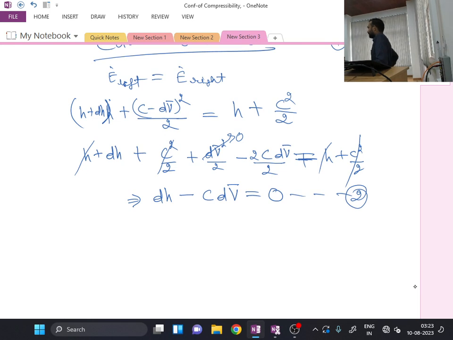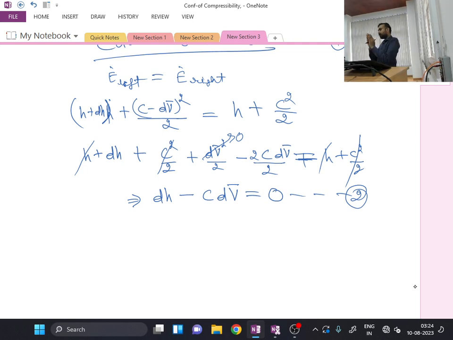On the contrary, across the sound wave front, the changes in properties are very, very small. So pressure is changing by amount P plus dP, enthalpy is changing by amount H plus dH, temperature is changing by amount T plus dT.